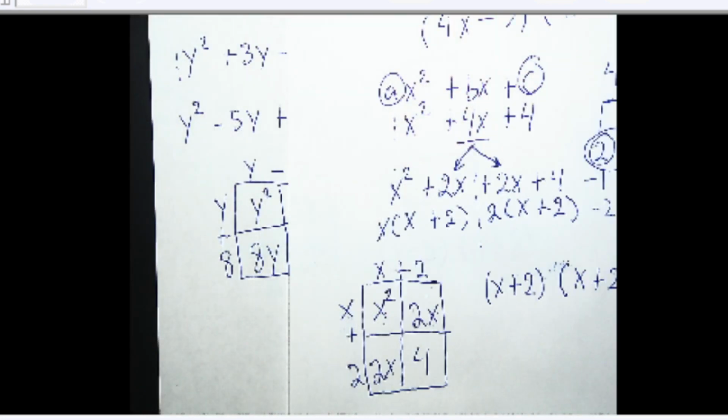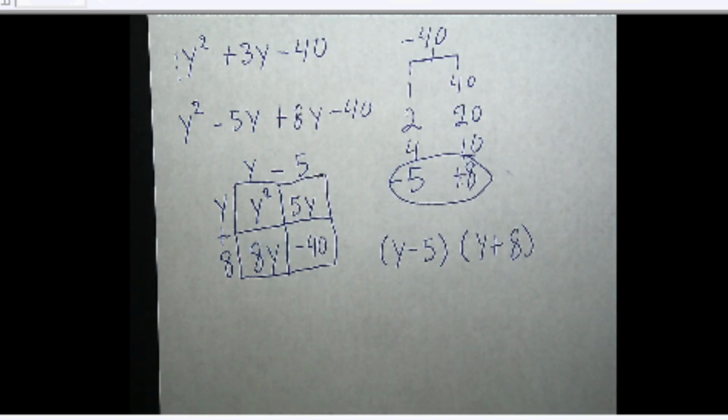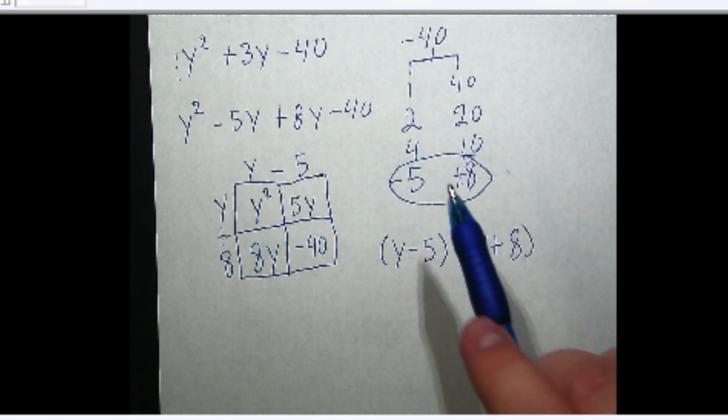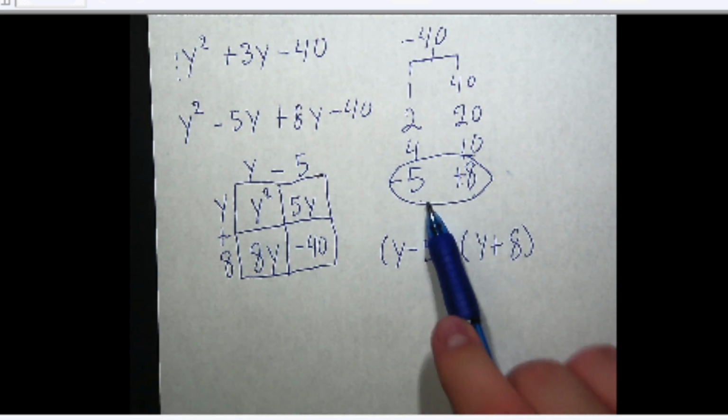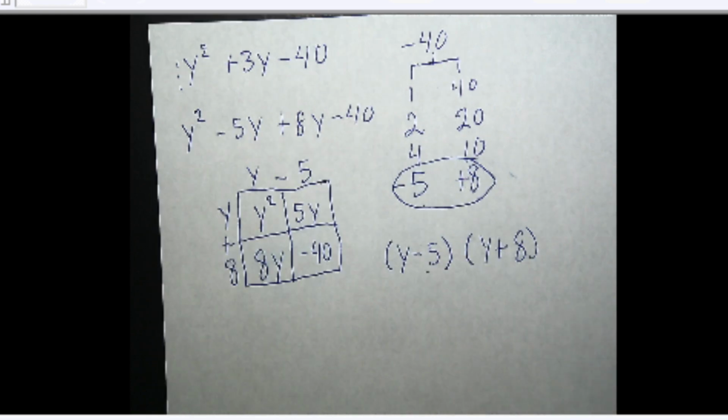Our leading coefficient here, even though it's not said, is 1. So, here's the takeaway. If your leading coefficient is 1 with these trinomial things, with these quadratics, then when you factor it, once you get these two numbers from your AC, you can use them to make your answer.